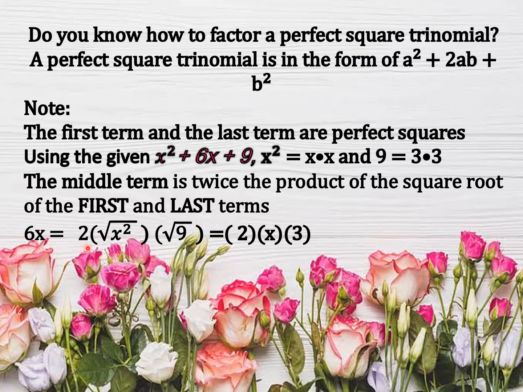So we have 2 times the square root of x squared times the square root of 9. We all know that the square root of x squared is x, because x times x is equal to x squared. And the square root of 9 is 3, because 3 times 3 is equal to 9. So we have 2 times x times 3.